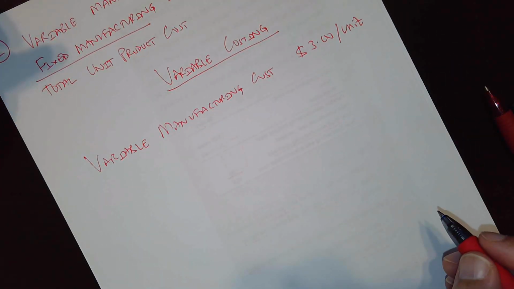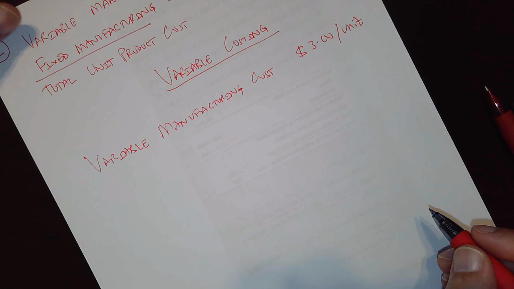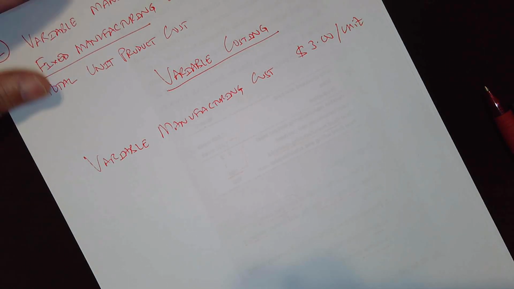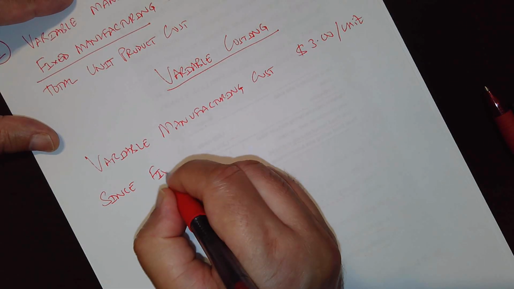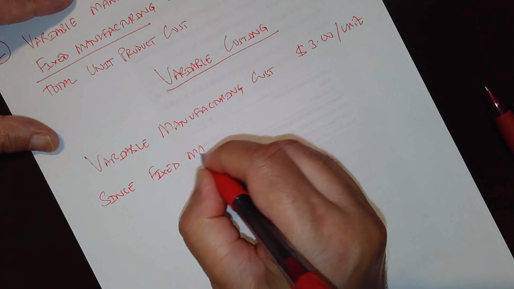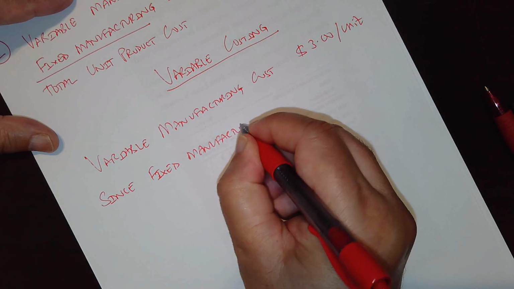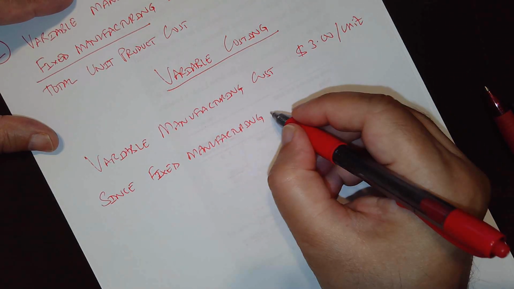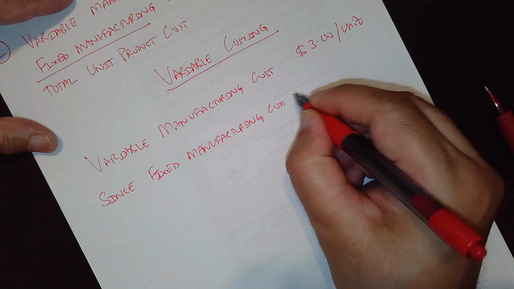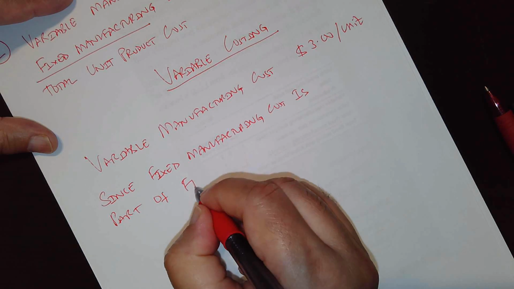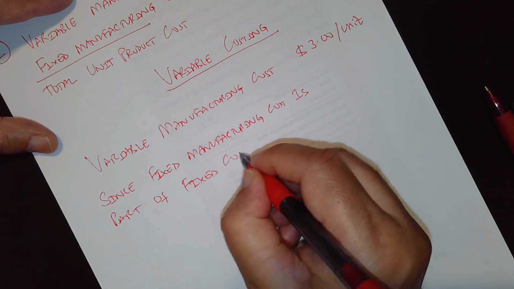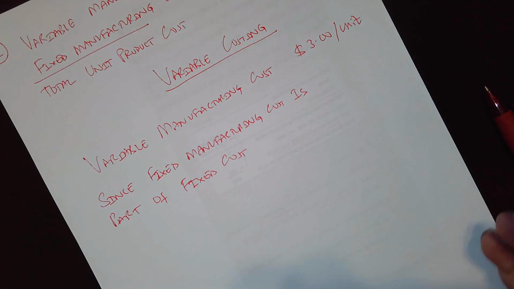Fixed manufacturing overhead is a part of the fixed cost, because in variable costing we have separated all the variable costs on one side and all the fixed costs on the other.